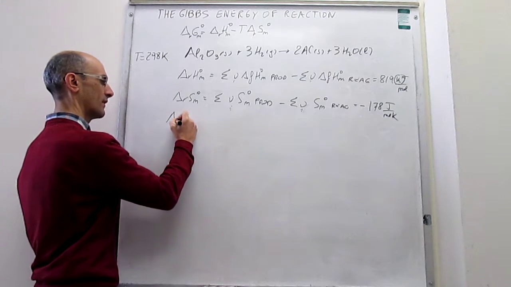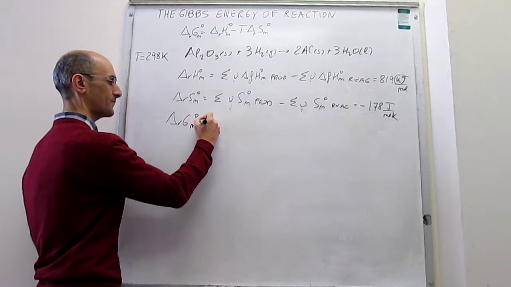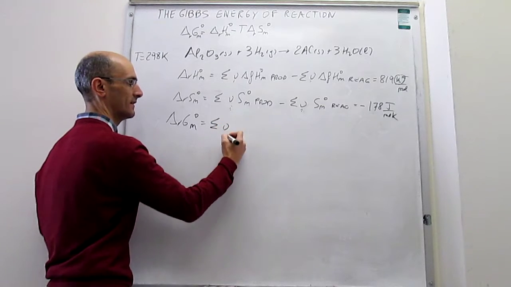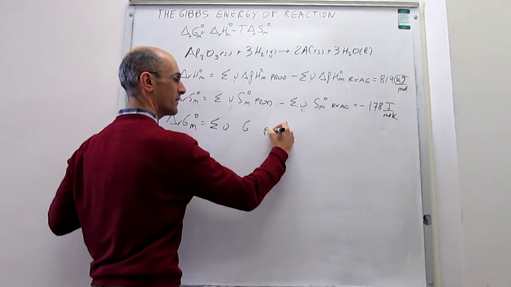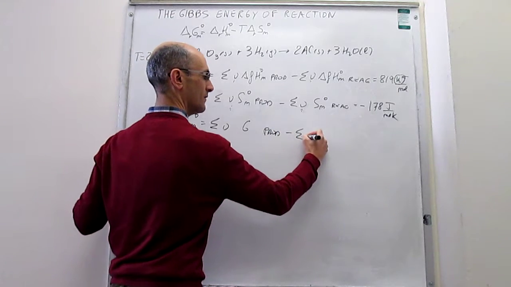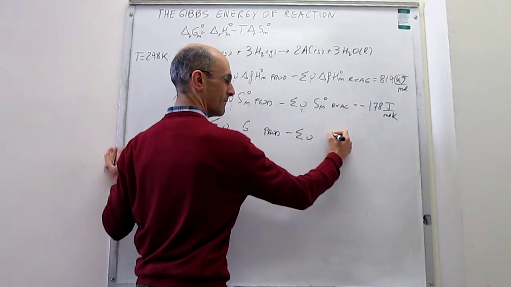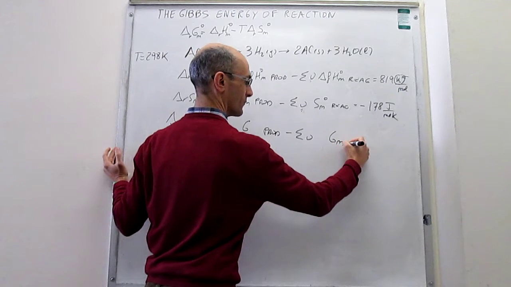So notice that for the Gibbs energy of the reaction, you could do something similar. You'll have some measure of the Gibbs energy of products minus the sum of the stoichiometric coefficients multiplied by a measure of the Gibbs energy of reagents.